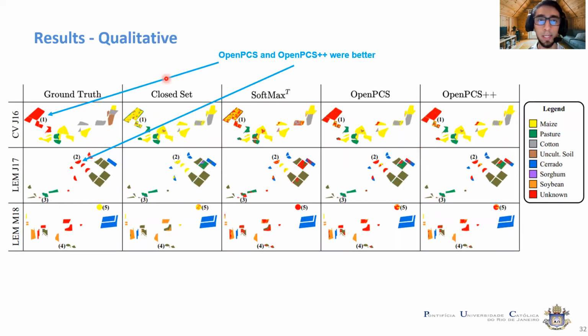As qualitative results, here we have ground truth. Here, the closed set classification, so we don't do anything to detect the unknown. The closed set makes a lot of errors, as we can see in this area. And we can see also that OpenPCS and OpenPCS++ were better, for example, here.